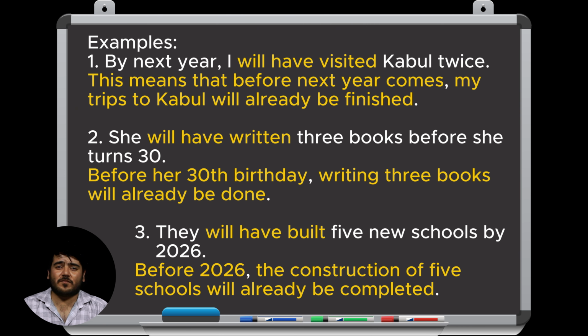This means that before next year comes, my trips to Kabul will already be finished. She'll have written 3 books before she turns 30. Before her 30th birthday, writing 3 books will already be done. Or they'll have built 5 new schools by 2026. Before this year, the construction of 5 schools will already be completed.